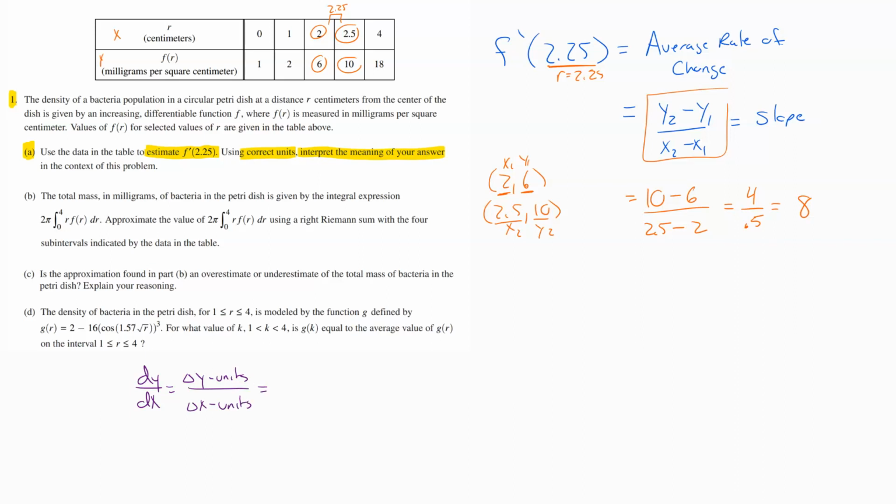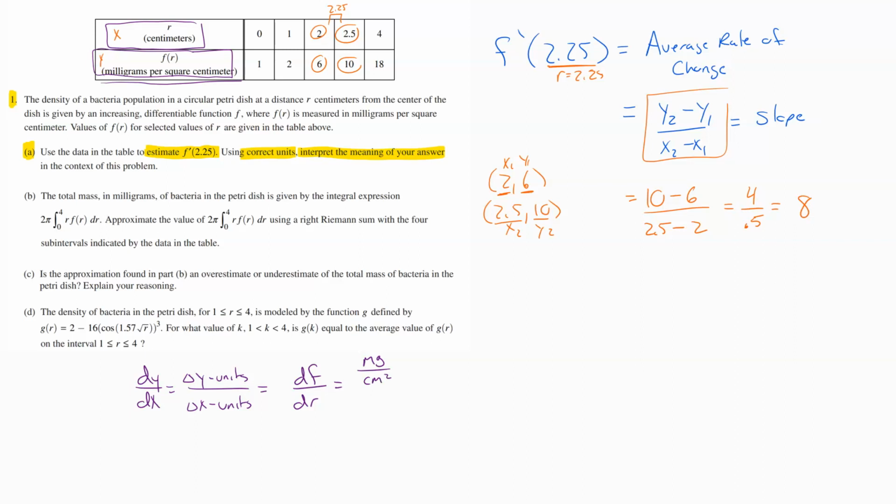Then I turn that same notation into the language of this problem. Our x units are the r values, and our y units are the f of r values. So we'd be looking at df, our y units, over dr, our x units. So df is in milligrams per square centimeter, so milligrams per centimeter squared.